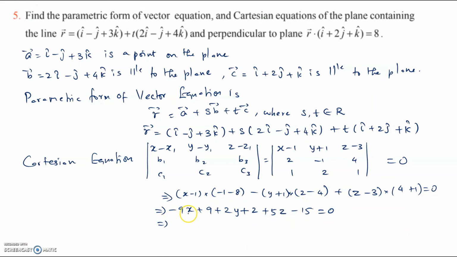Simplifying this, we can rewrite this as 9x minus 2y minus 5z, 9 plus 2, which is 11, minus 15 will become plus 4, so plus 4 is equal to 0. So that's our Cartesian equation.